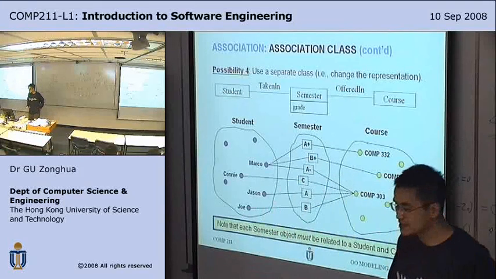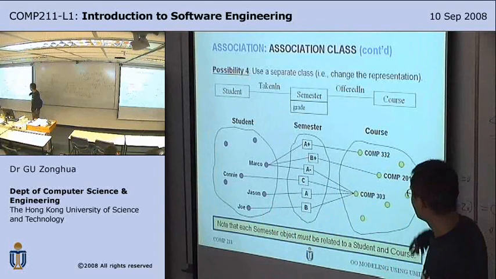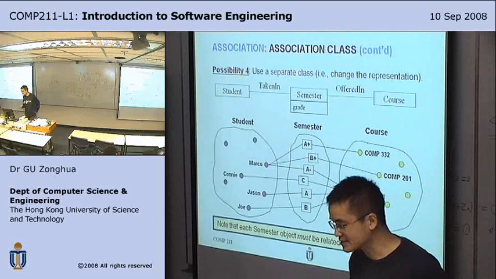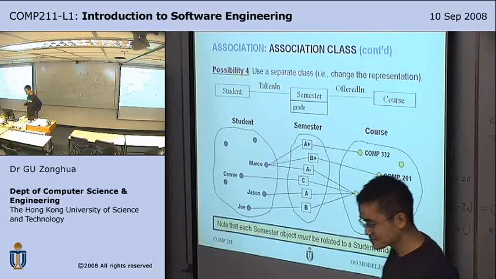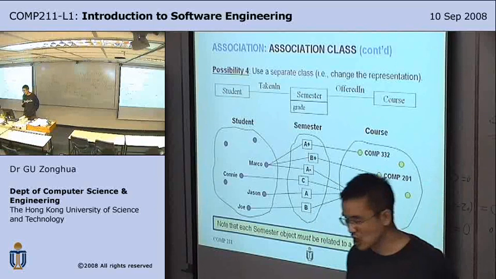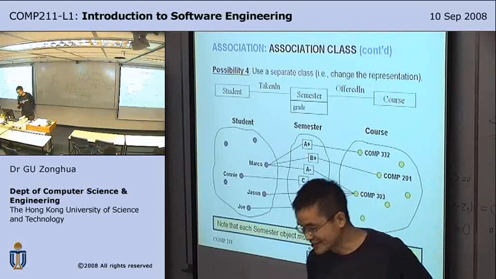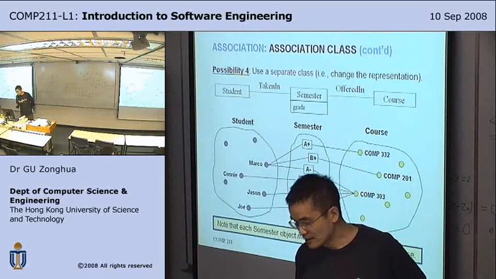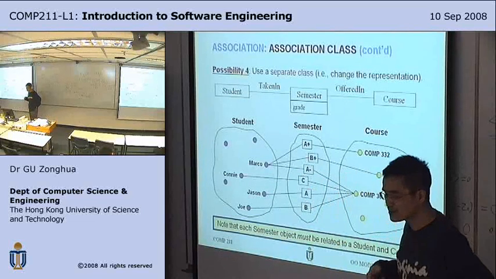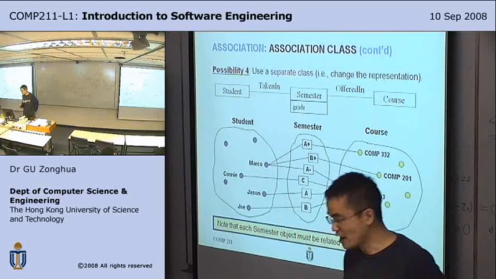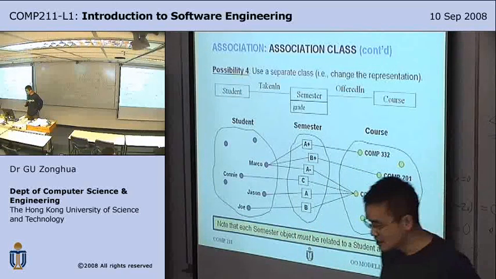Or another solution is to have a separate class, a semester class, that sits in the middle of the student and course classes. So a student takes a course taken in some semester, like fall 2008, and a course is offered in some semester.